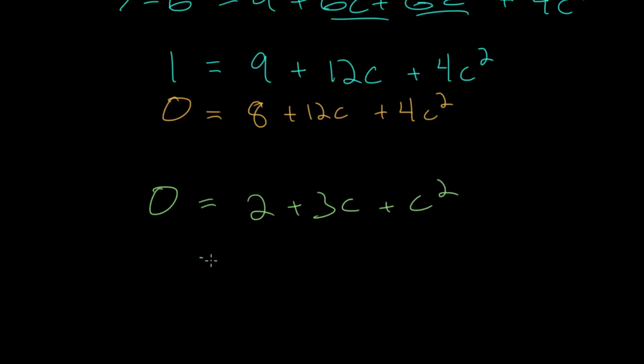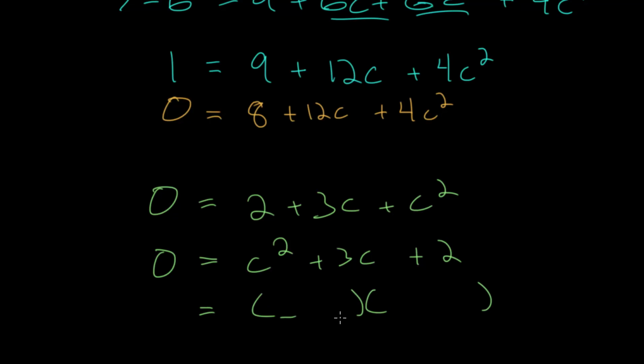And usually you want to write your quadratics in standard form so that they're easier to factor or use the quadratic equation. And this one is factorable. So let's write it as a product of two binomials, where we have two terms in each of these. And we know that the first terms have to be c and c, since that's the only way to get 1c squared.